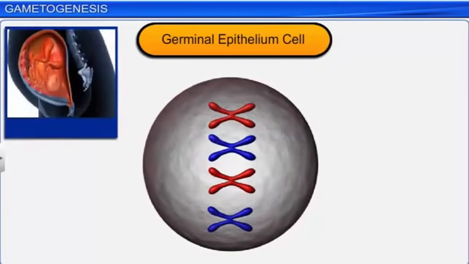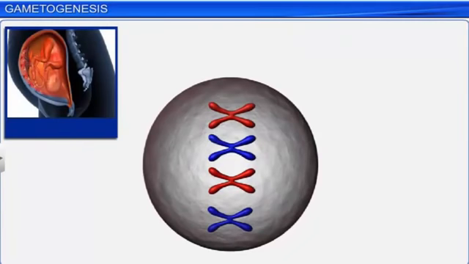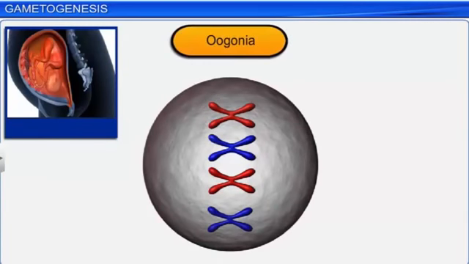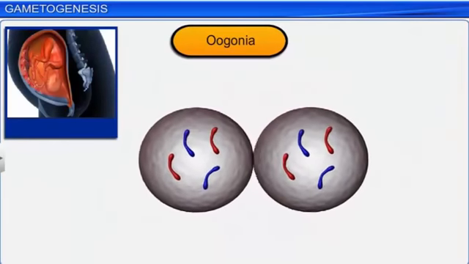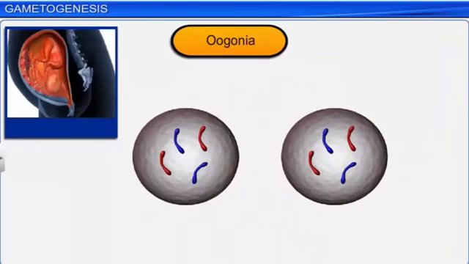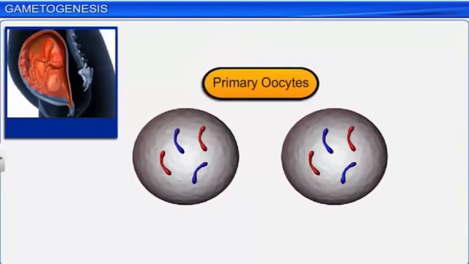While spermatogenesis occurs at puberty, oogenesis is triggered before a woman's birth, when the germinal epithelium cells in the ovary of the fetus divide mitotically to form gamete mother cells called oogonia. A few oogonia divide again to form two immature cells called primary oocytes.